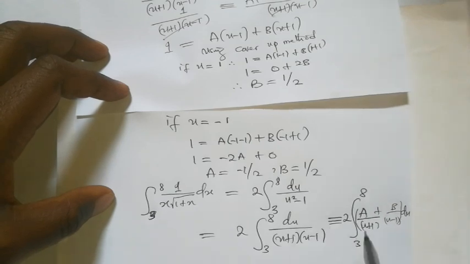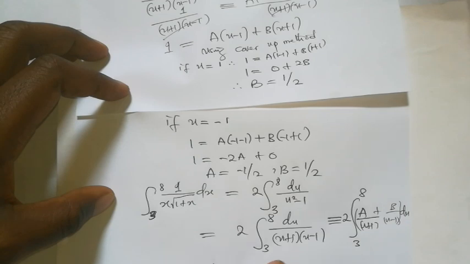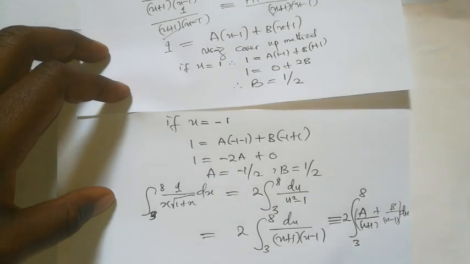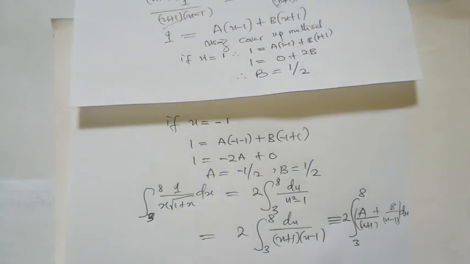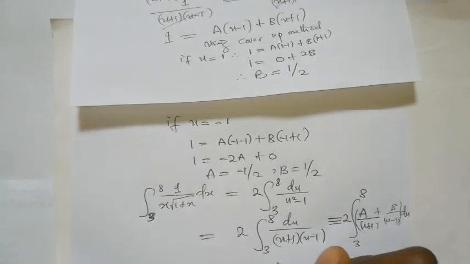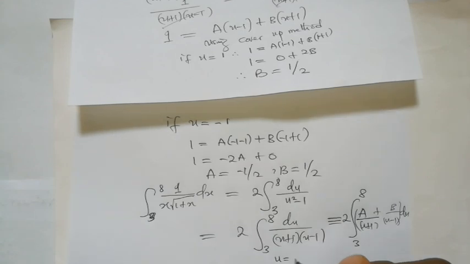But before that, we are dealing in terms of u, not in terms of x now. You get it? So when x is equal to 3, what is our value of u? Don't forget, we know that u is equal to the square root of 1 plus x.